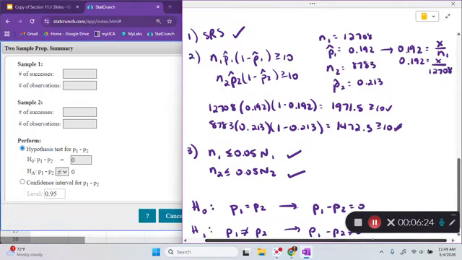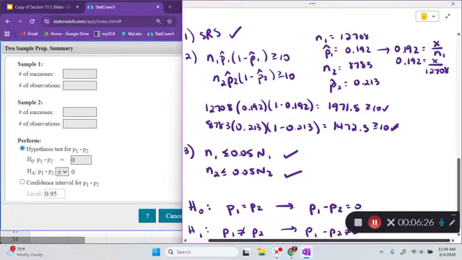If I want to solve for X, then I can multiply 12708 times 0.192. So we're going to do that here. 0.192 times 12708, and I got 2,439.94.